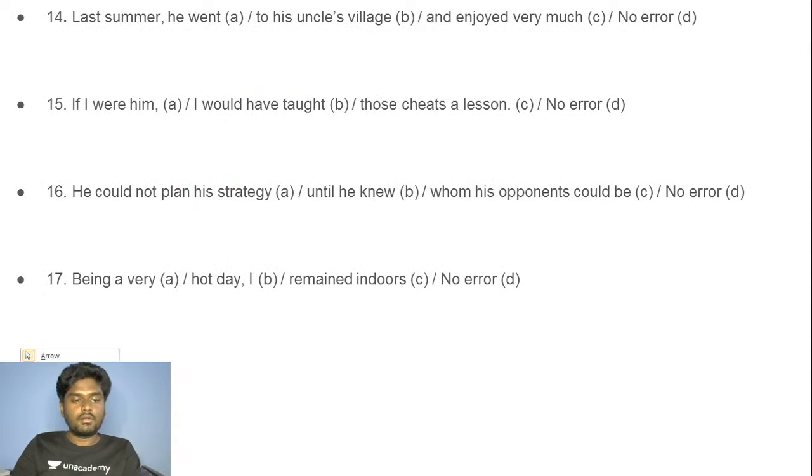14th. Come on. It is last summer he went to his uncle's village and enjoyed very much.